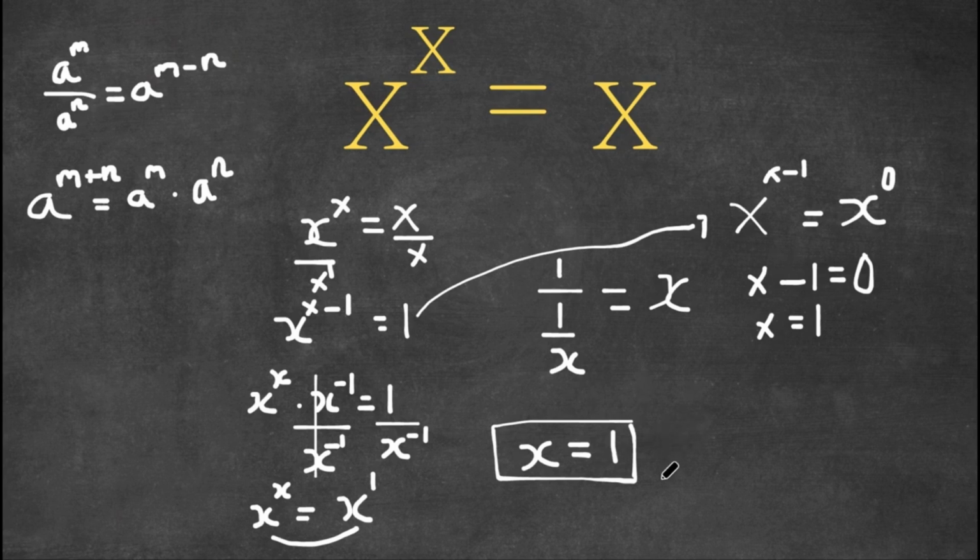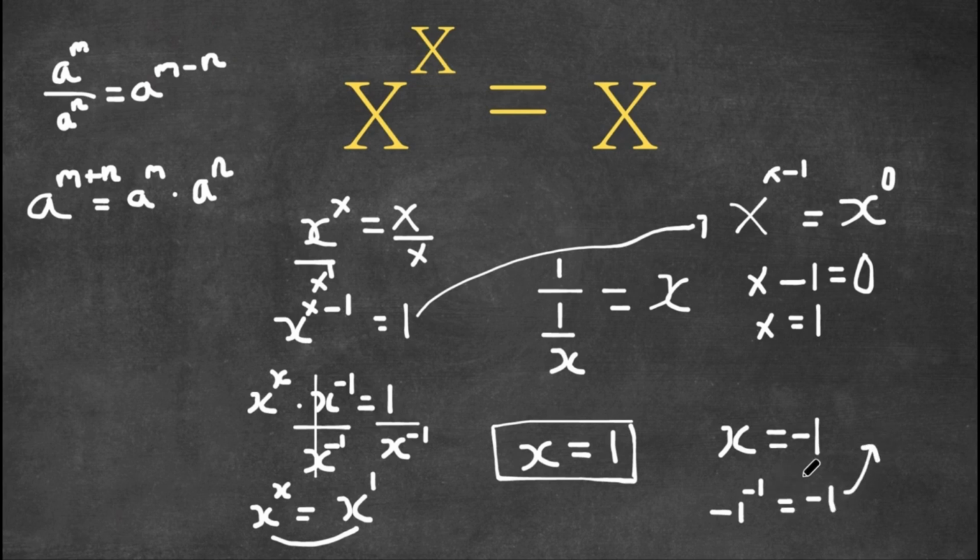However, there is actually another solution to this problem. x equals -1 would also work, because if we plug this into our equation, for example, -1 to the power of -1 equals -1.